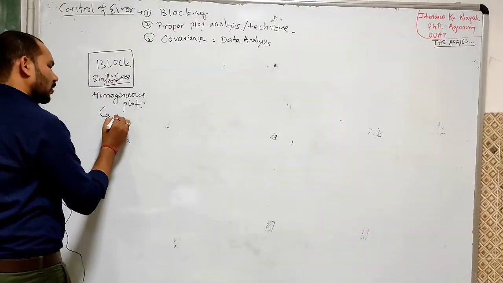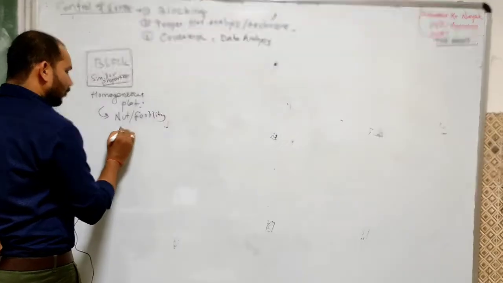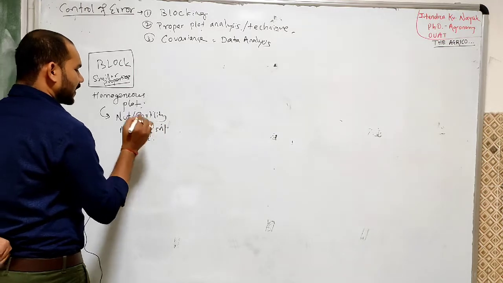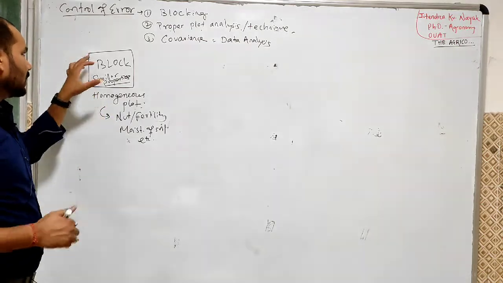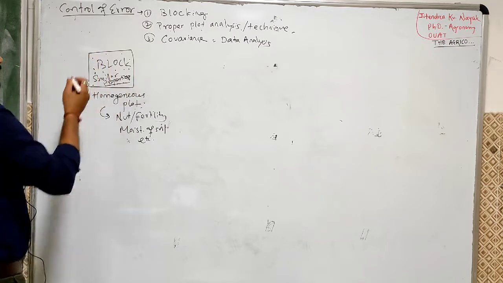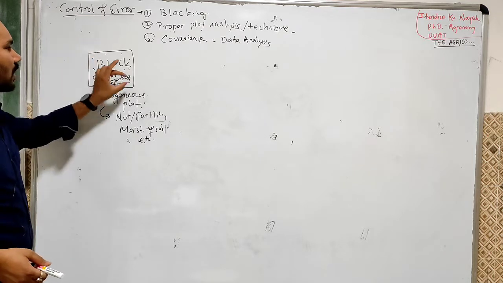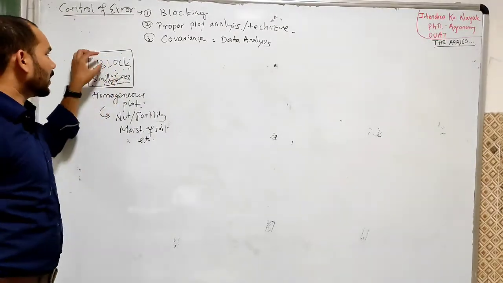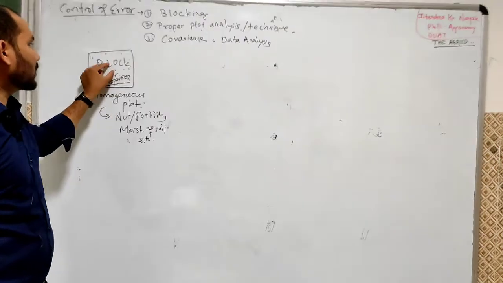It may be based on the fertility or nutrient status or the moisture content of the soil, etc. Whatever character we have taken, these characters are similar at each and every point of the plot. If I take this piece of land and this piece of land, there is no difference between the fertility of the soil. Here the moisture content is the same, here also the same.